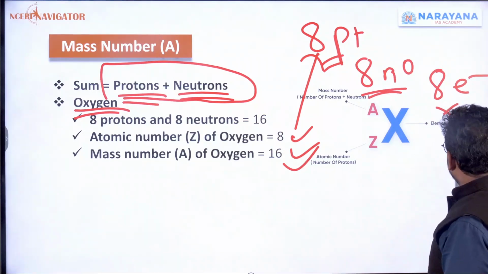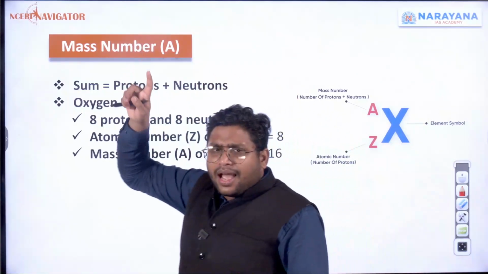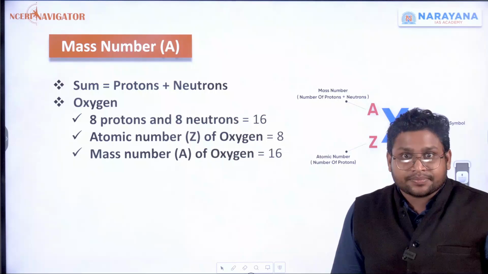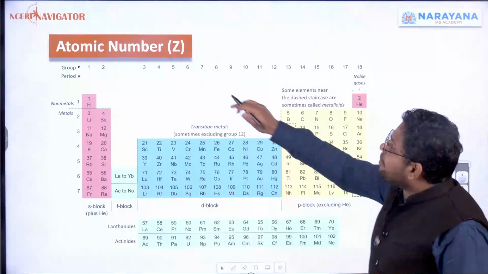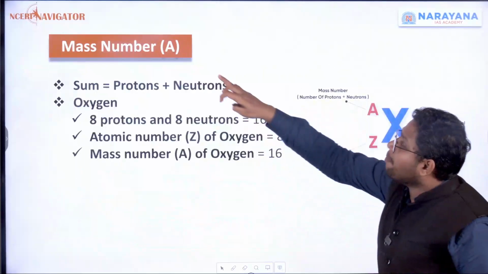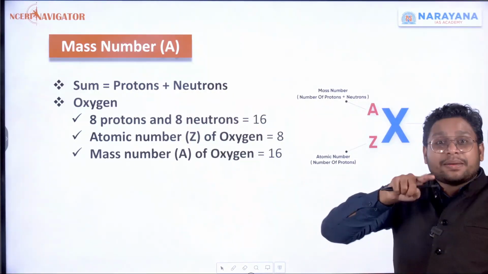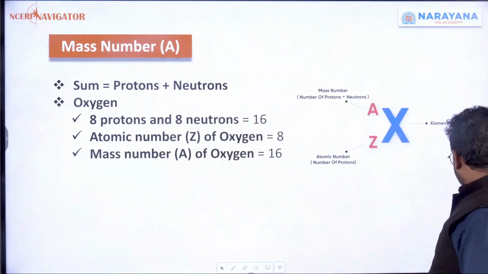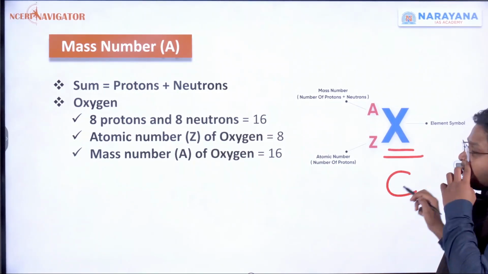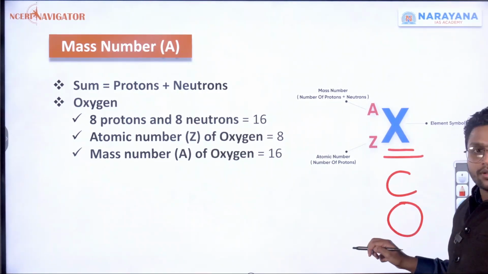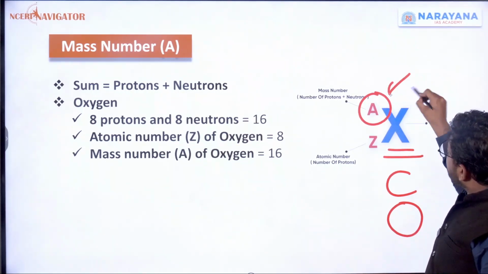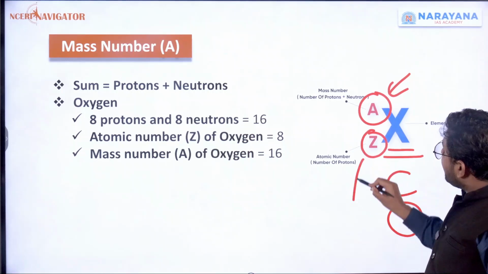For every element, this atomic number and this mass number are going to be different. We represented atomic number using the letter Z. We represent this mass number using the symbol A. So we take any particular element. Let's say we have taken carbon, or let's say oxygen, anything. Here you will mention its mass number, and here you will mention its atomic number.